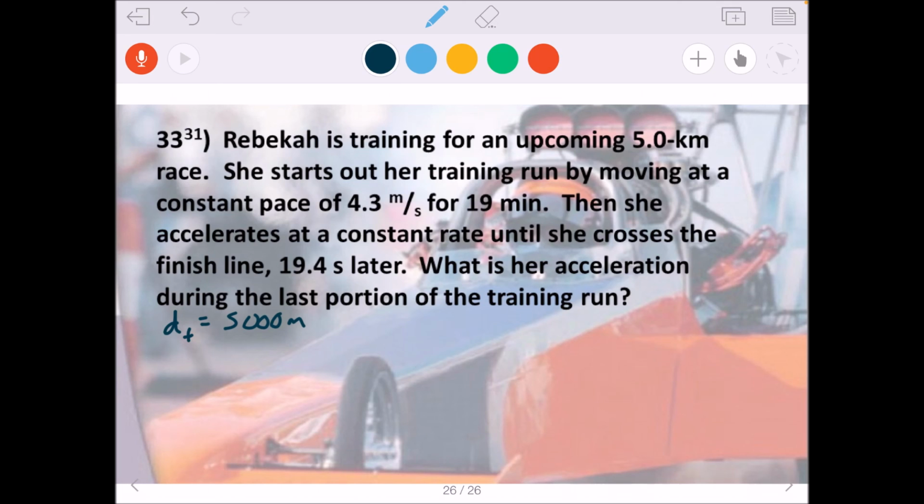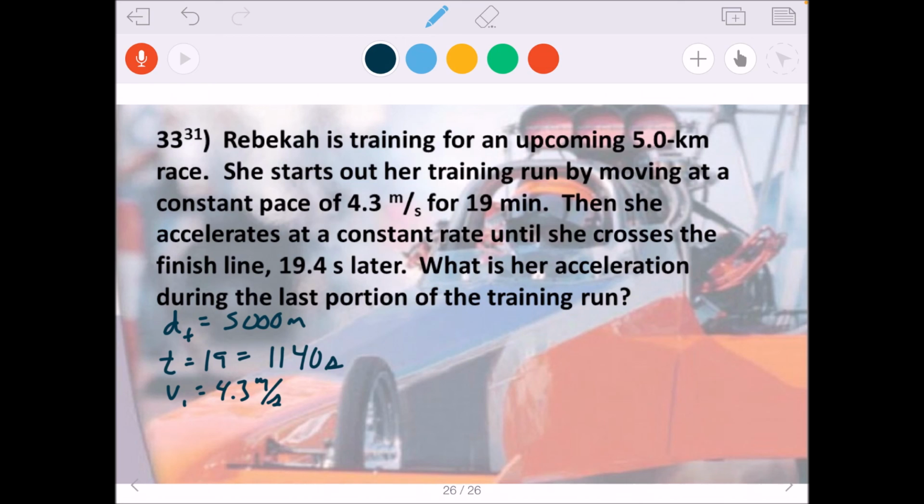During the first portion of her run, the first 19 minutes, or 1,140 seconds, she is traveling at a rate of 4.3. So what I'm going to do first is determine how far she ran during that first 19 minutes.